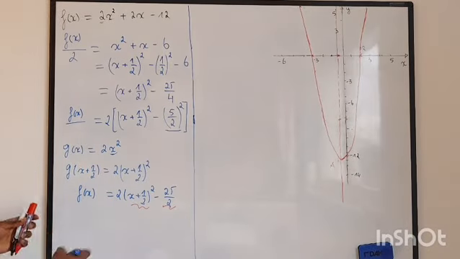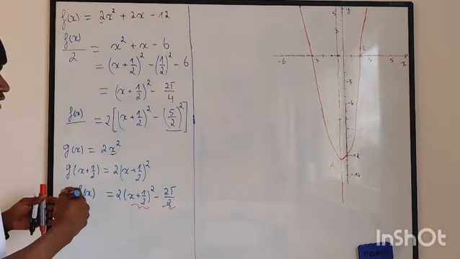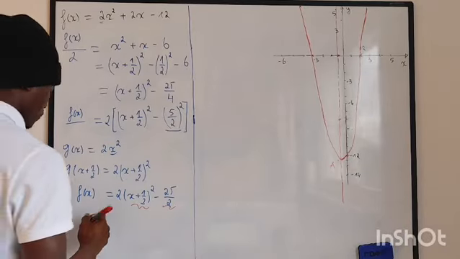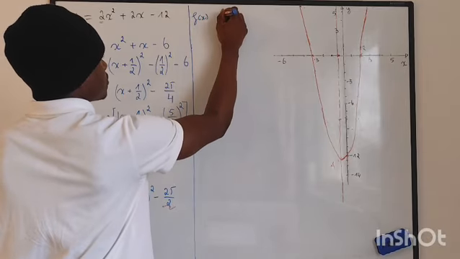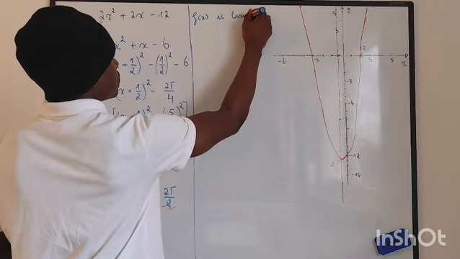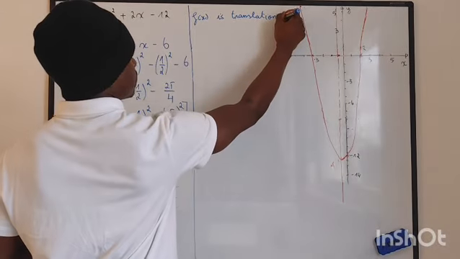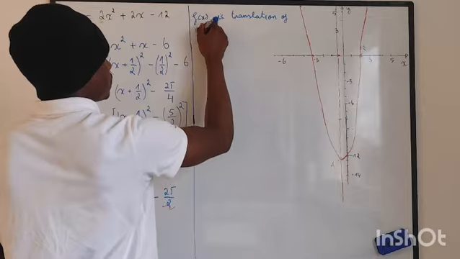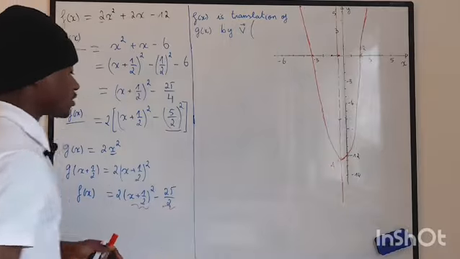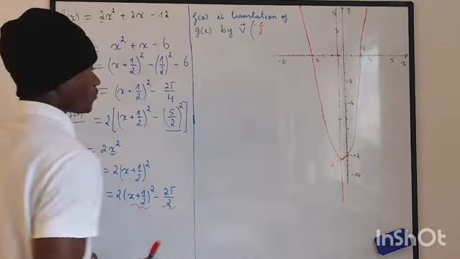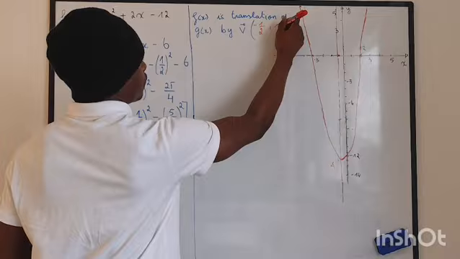We say that to represent the curve of f of x, we need to take the one of g of x and make a translation by a specific vector. That means the curve of f is the translation of the one from g by the vector v that has the coordinates minus 1 over 2 and the other one, 25 over 2, which is 12.5.